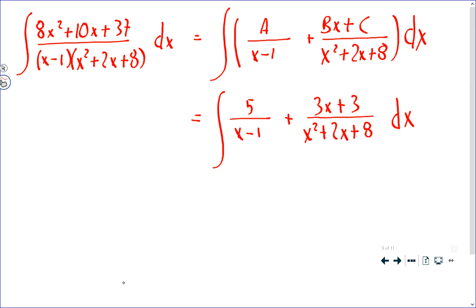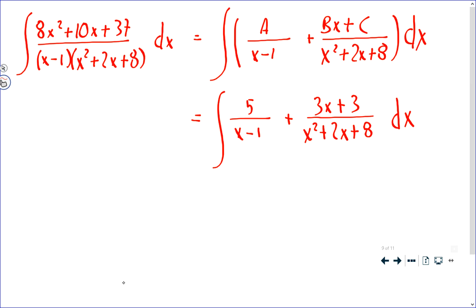All right, so I'll remind you where we came from. With this example, we were asked to integrate 8x squared plus 10x plus 37 over x minus 1 multiplied by x squared plus 2x plus 8. We said that we were going to resolve or change that integrand into a number over x minus 1 plus a linear function bx plus c over x squared plus 2x plus 8.